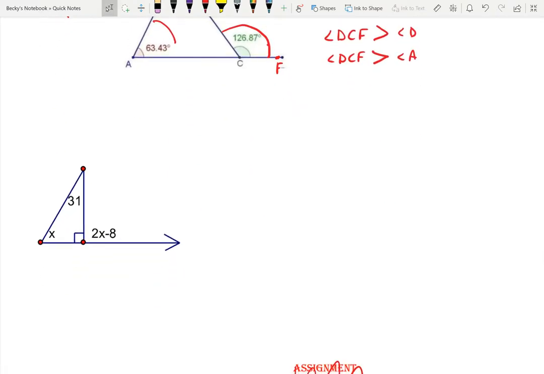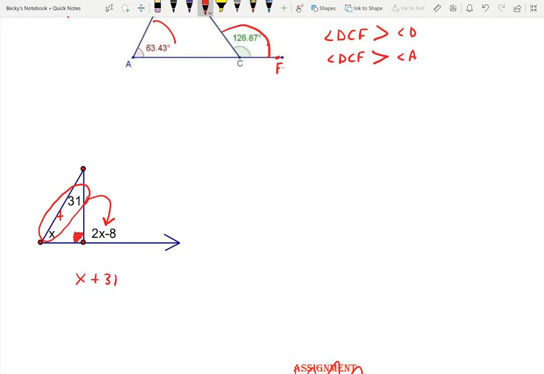Now, this one is kind of like leading into what's headed later in the chapter. You can't really use the inequality theorem, but this is just, again, to get your mind wrapped around it, and I'm going to erase the fact that it's a 9-degree angle. These two exterior angles technically equal this one, right? So if you see a problem like this ever, that's what we need to do.